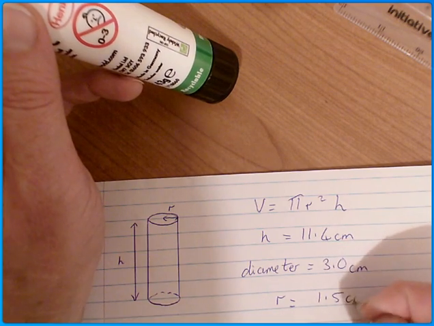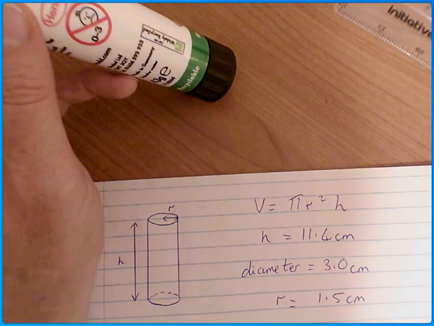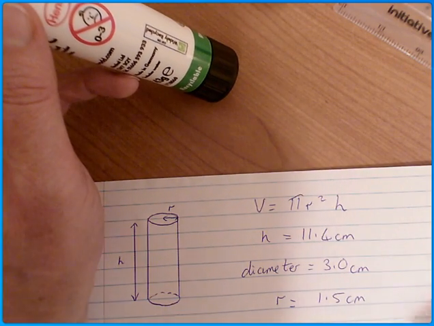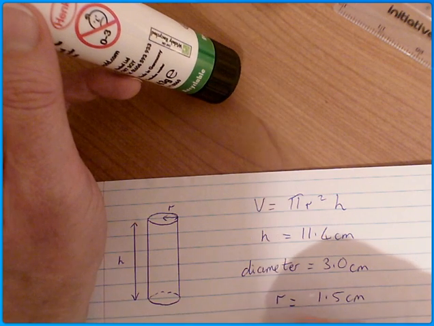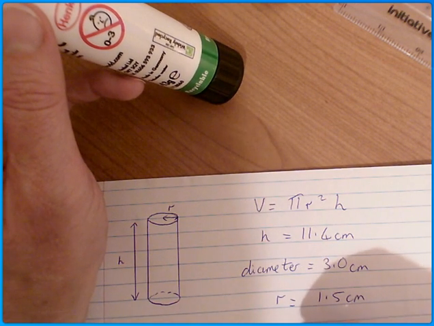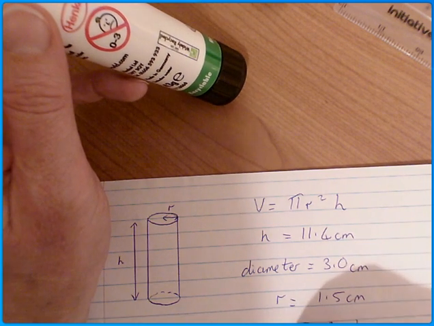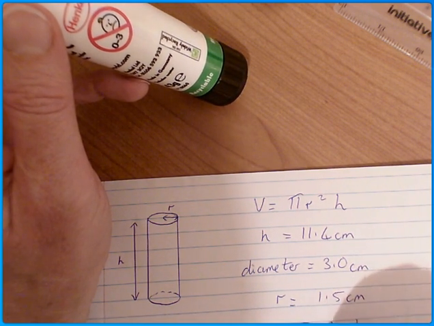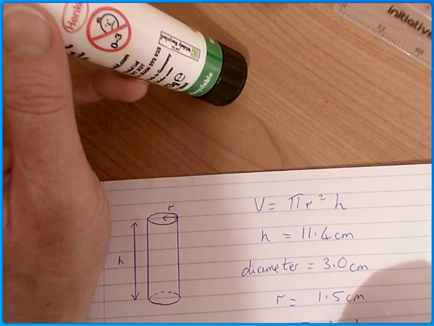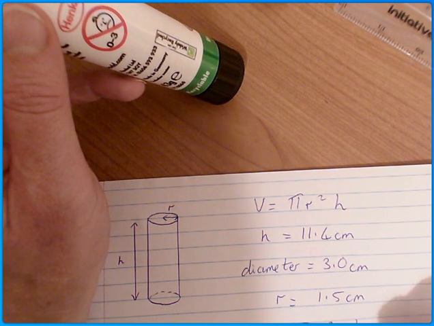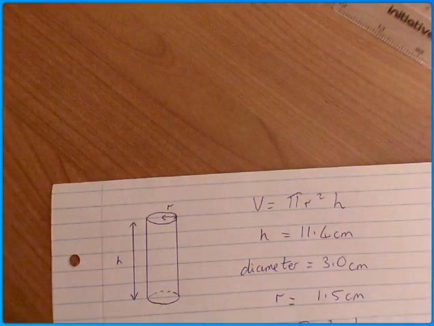So the radius then is 1.5 centimetres. Let's put that into the formula. Volume is pi r squared h. So we've got pi times 1.5 squared times 11.4.